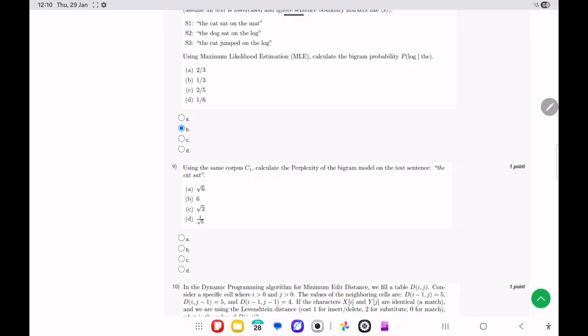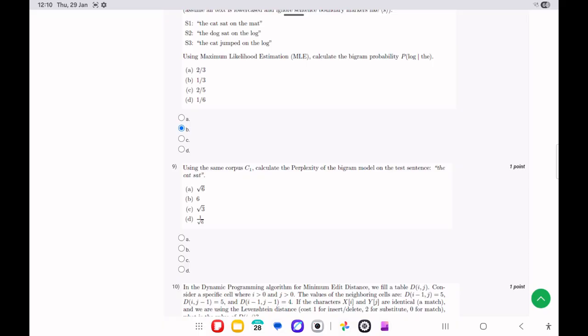Next, perplexity. Perplexity denotes the inverse probability of the test data. So you have to calculate the probability of the bigram model, and only then can you calculate the inverse probability. The same formula, the bigram model, but here they have given the sentence "the cat sat".